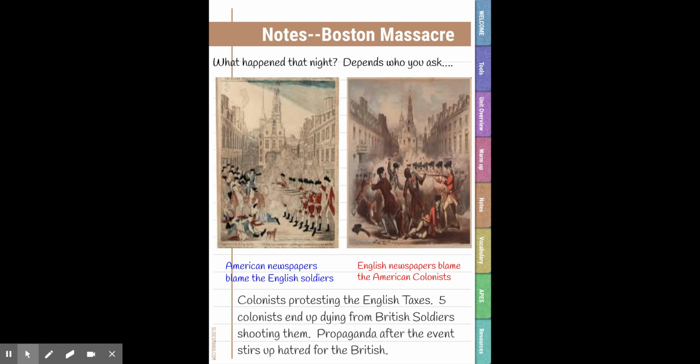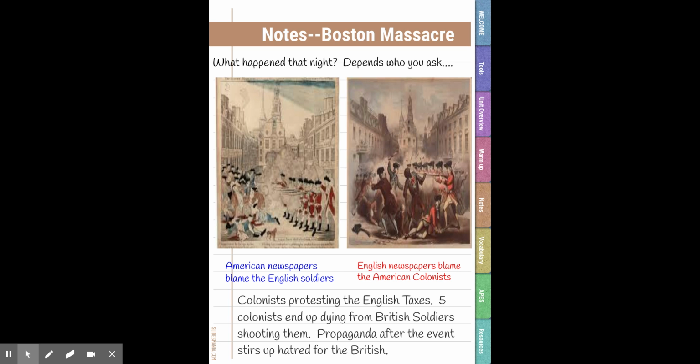The Boston Massacre was an event that led to propaganda. Propaganda is having an event portrayed only in one light, so it's biased. In this event, 5 colonists were killed by some Boston redcoats because they were protesting English taxes.